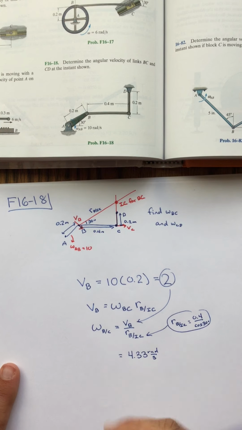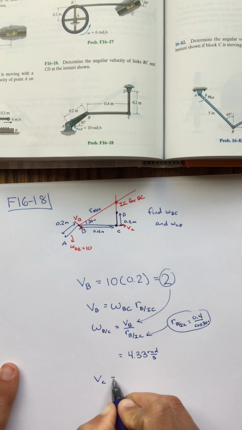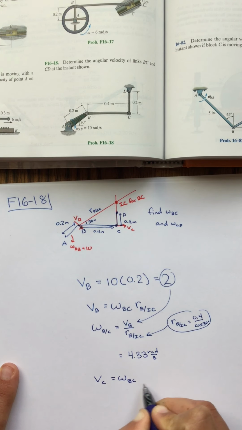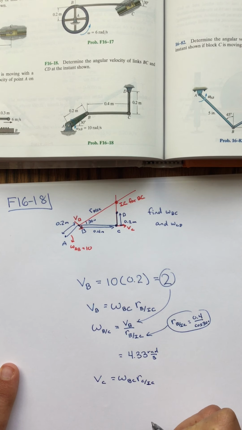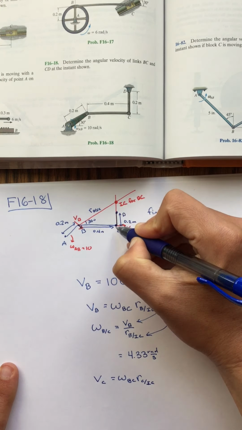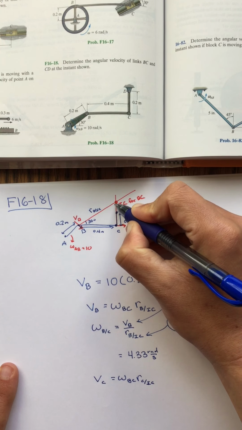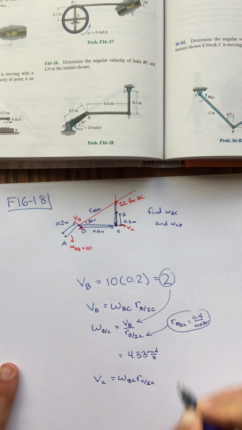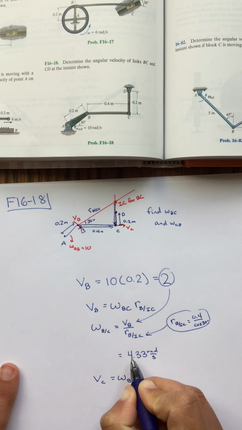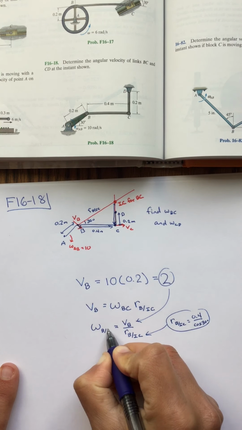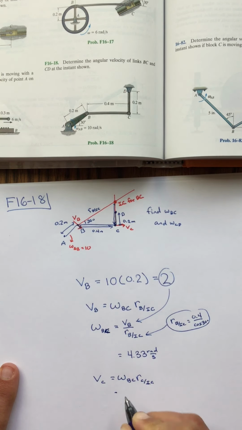Also for link BC, we can say velocity C is equal to angular velocity BC times position of C measured from the instantaneous center. We can find that this is the position of C measured from the instantaneous center, this distance here. And I know my angular velocity, this is BC.